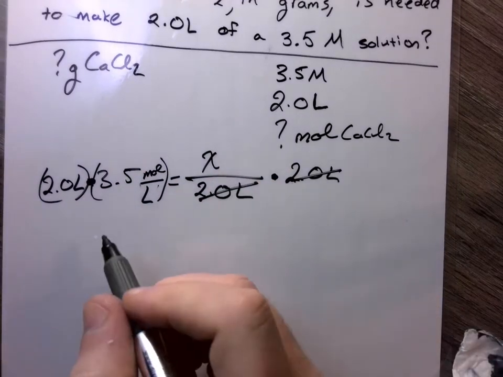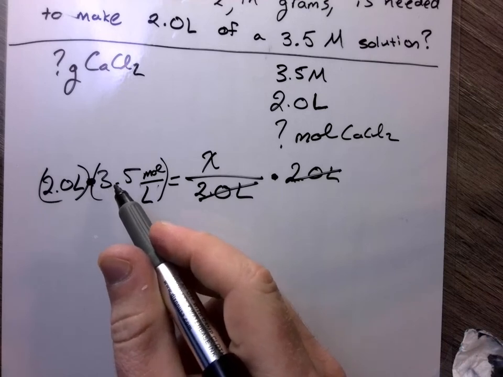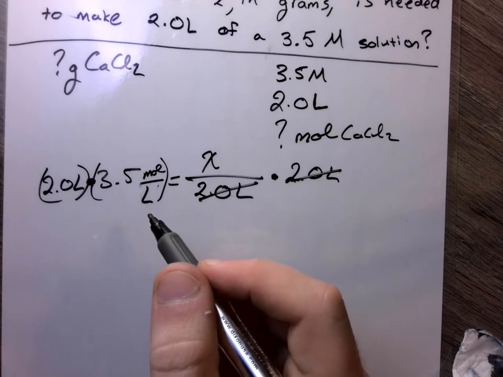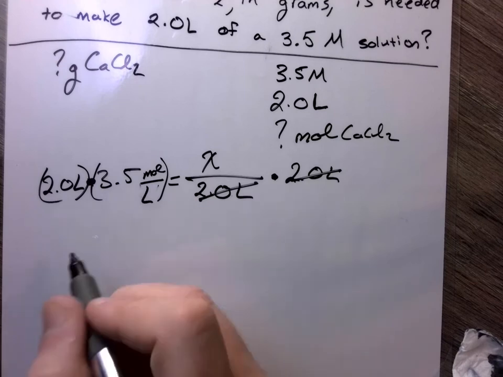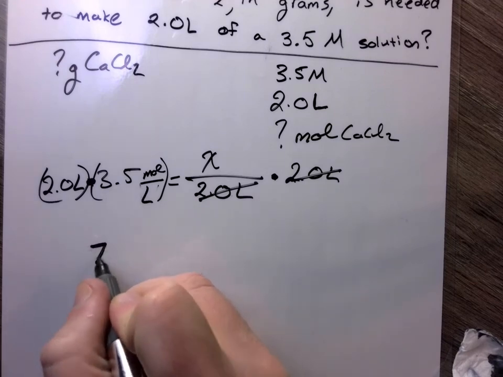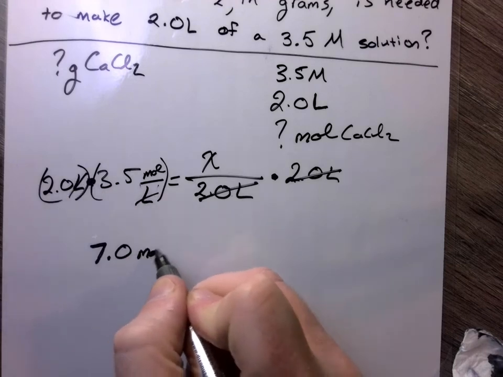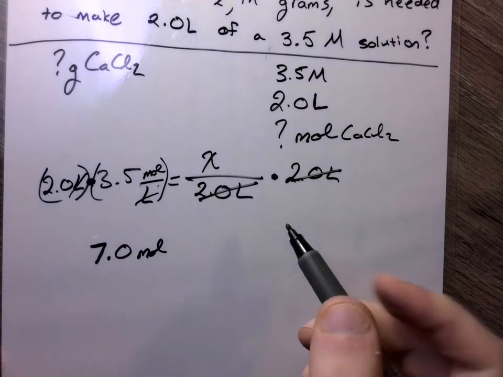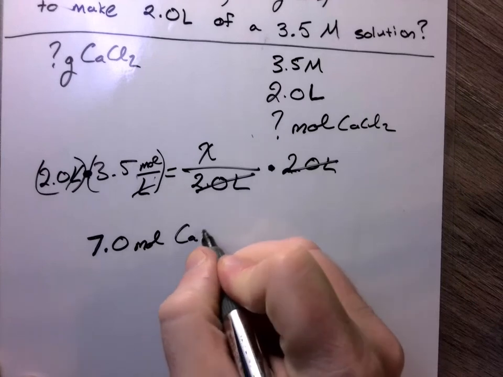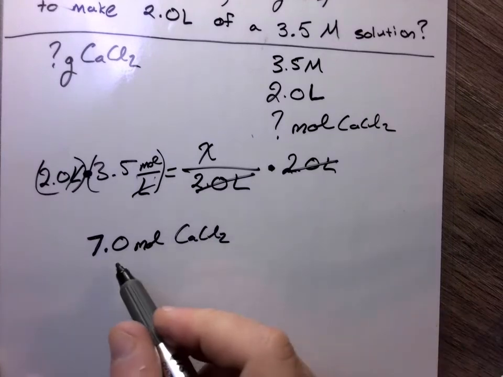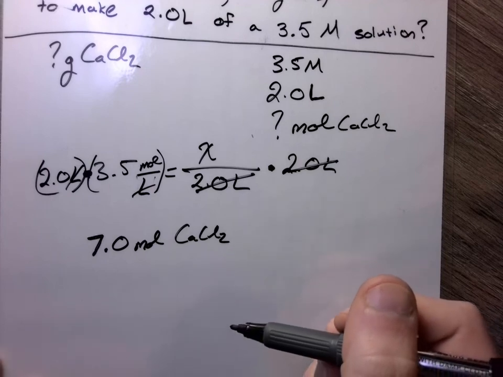Okay, so I've got 2.0 times 3.5. 3.5 times 2 should give us, hopefully you're saying it, 7, right? Okay, so 7.0, the liters canceled. Moles. And what's it moles of? Well, what's it asking for? Calcium chloride, CaCl2.